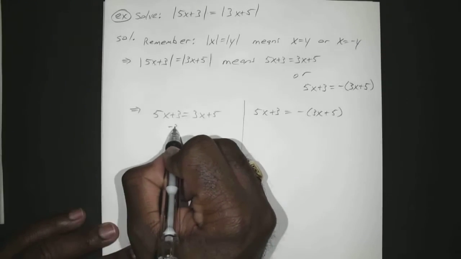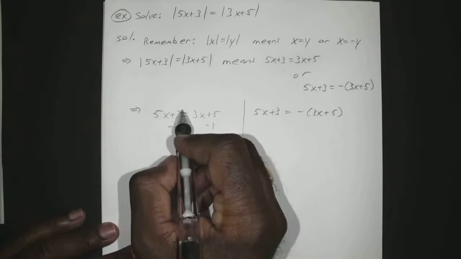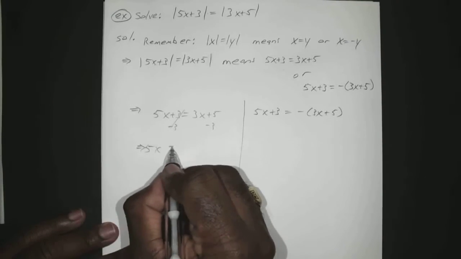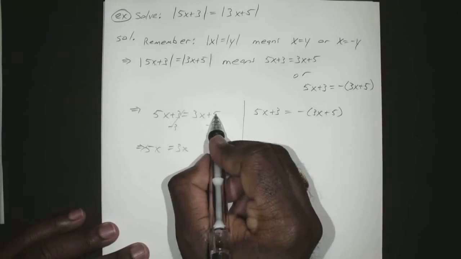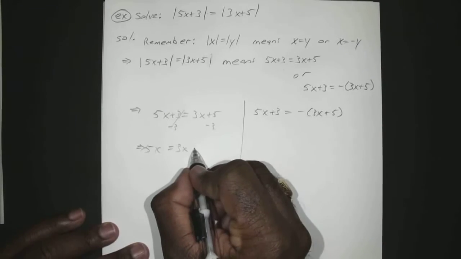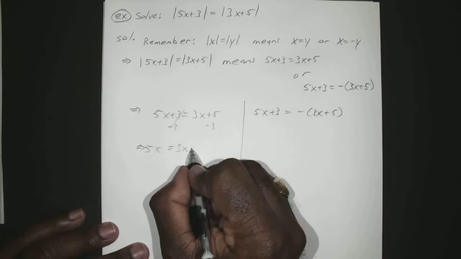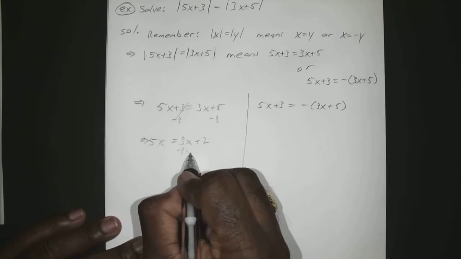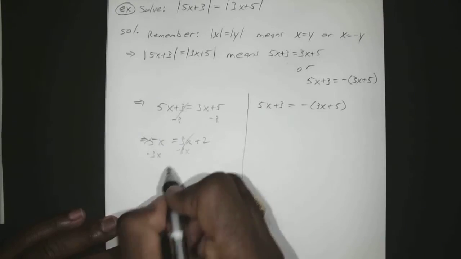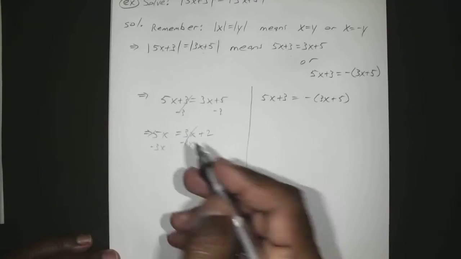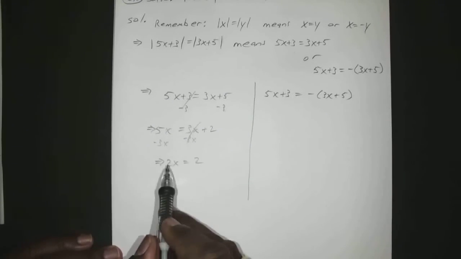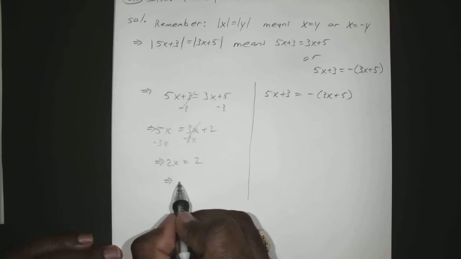If we subtract 3 from both sides, we have 5x equals 3x plus 2. So if we subtract 3x, 5 minus 3 is 2, so we have 2x equals 2. Divide both sides by 2, so x can equal 1.